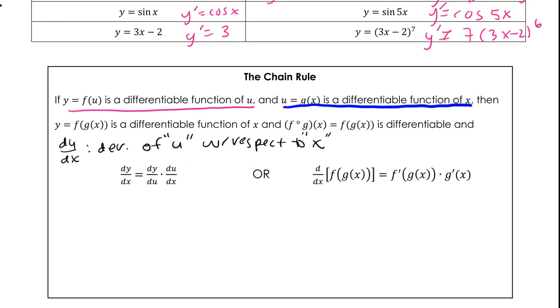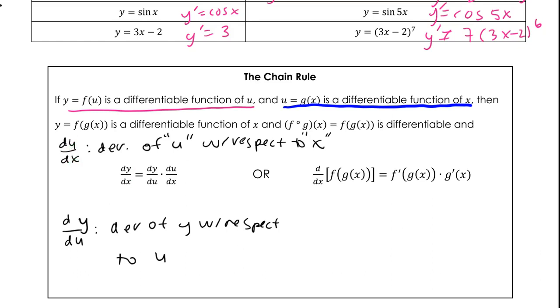And dy du is the derivative of y with respect to u. So look at derivative of y with respect to u, derivative of u with respect to x, derivative of y with respect to x.